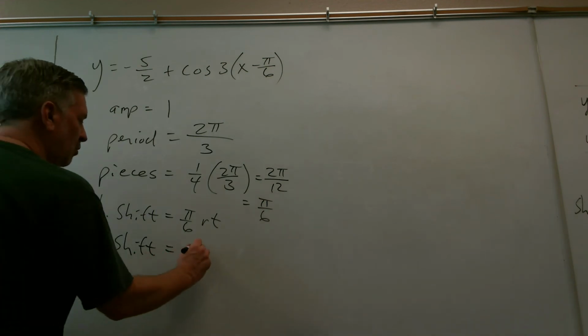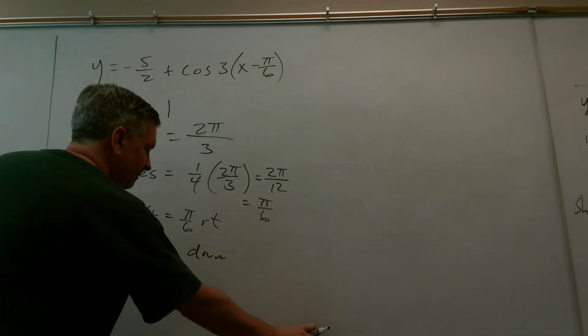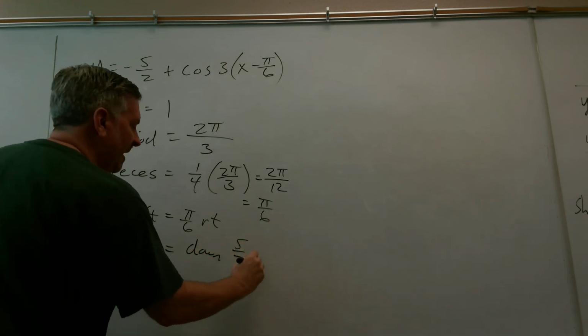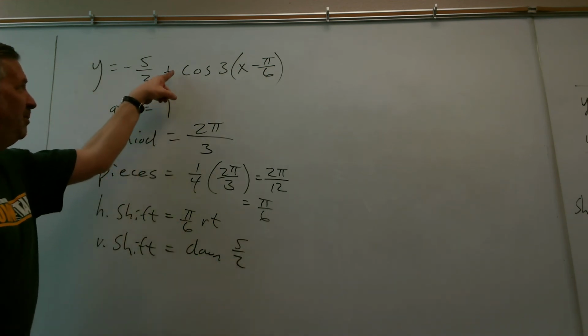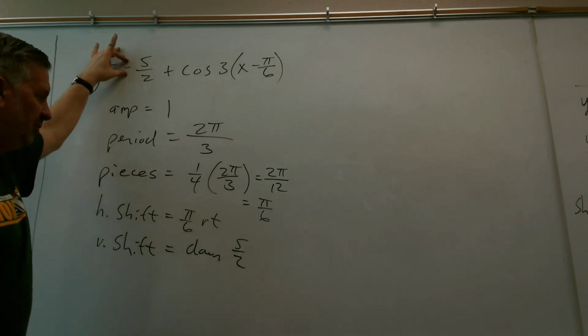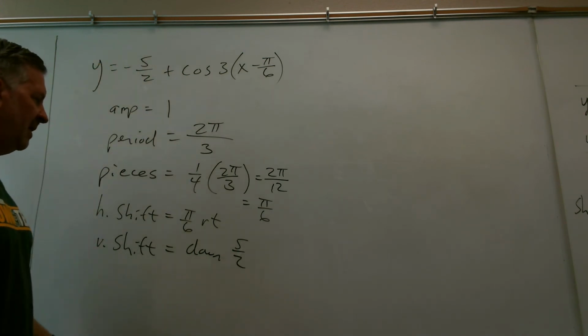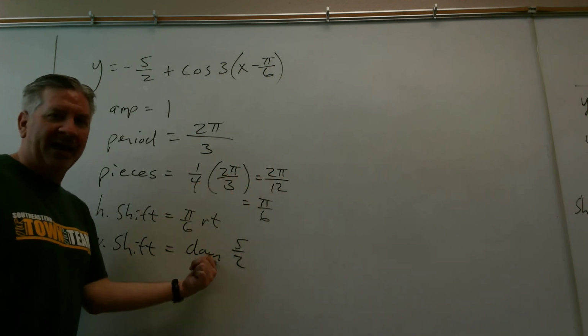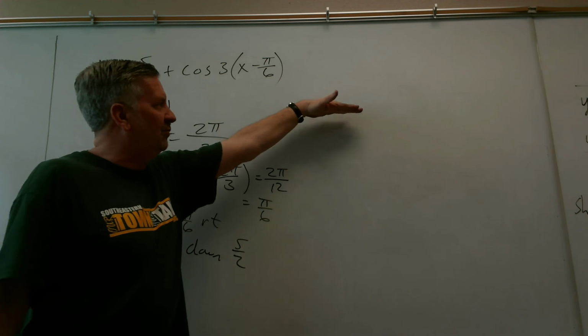This is going to go down 5/2. Because I know it's a plus here, but the plus is with the amplitude, the minus is here. You're subtracting 5/2, so we're going to go down 5/2. So when I set up my graph here, I'm going to move down 2.5, so I need to give myself room. So I need to draw my graph up here.